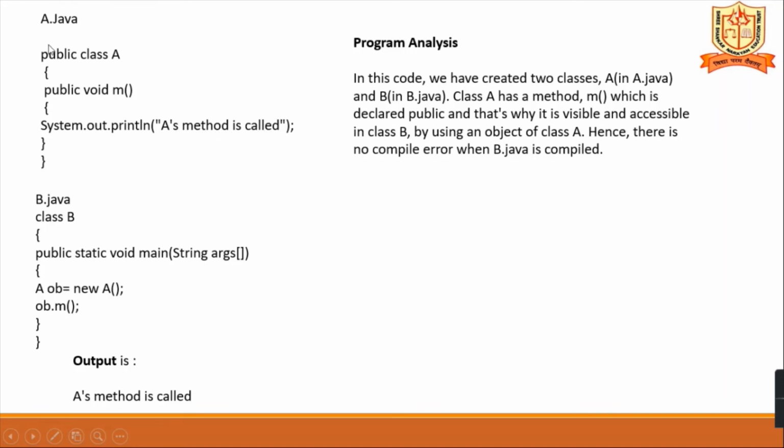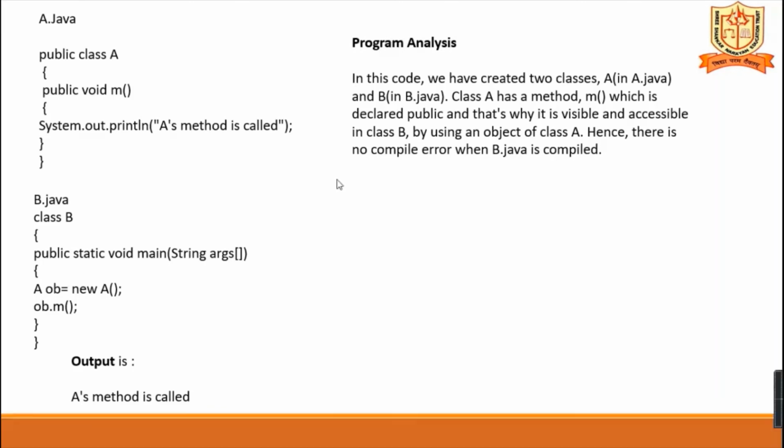Class A's method is called. Then we close the main method and close the class. And the other class is class B, with a main method. So here we are calling the object of the previous class. One is class A and the other is class B. In this code, we have created two classes, A in A.java and B in B.java.